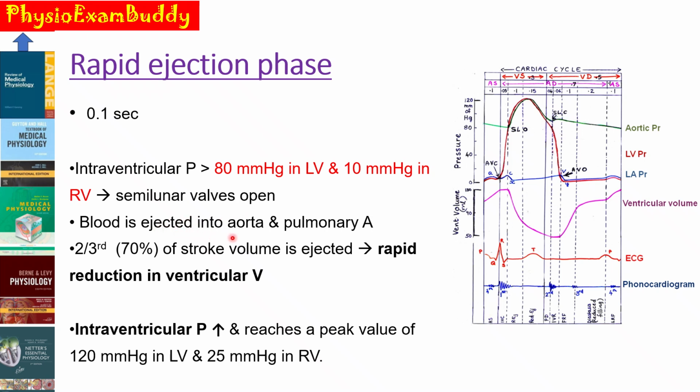Blood will be ejected into the aorta as well as the pulmonary artery. Two-thirds, almost 70%, of the stroke volume is ejected during this phase. Because of this ejection, there is a rapid reduction in ventricular volume, as you can see here during the rapid ejection phase.